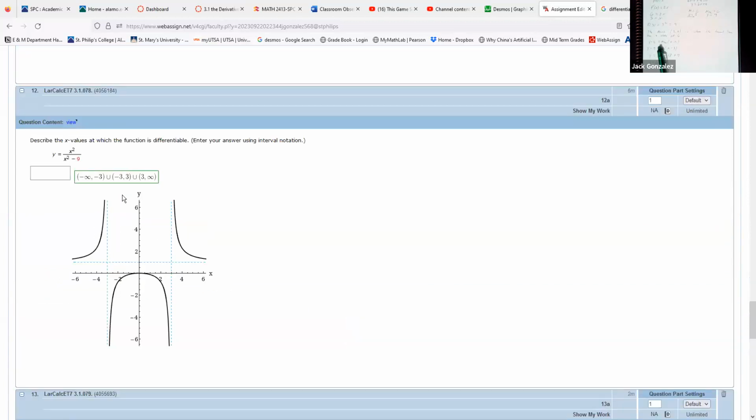Okay. So in order for a function to be differentiable somewhere, it needs to be continuous there. This function is continuous everywhere except the asymptotes. And remember, we talked about what it means to be continuous. You guys remember the requirement?